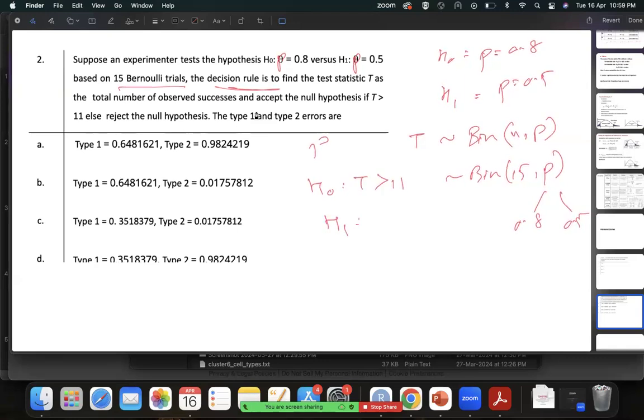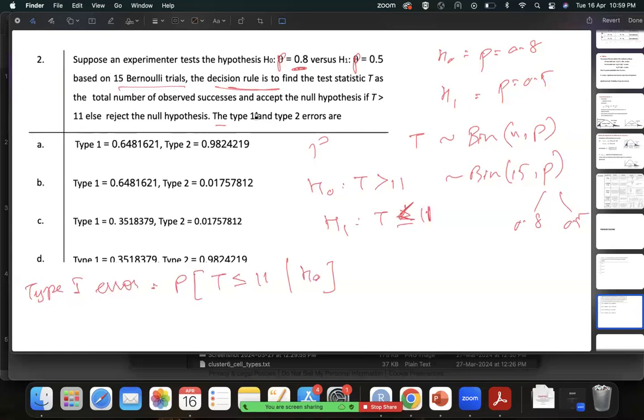You reject your null hypothesis if T is less than or equal to 11. This is your null hypothesis, and this is your alternate hypothesis. You need to calculate the type 1 and type 2 errors. Type 1 error is basically the probability that T is less than or equal to 11, given your null hypothesis H naught.